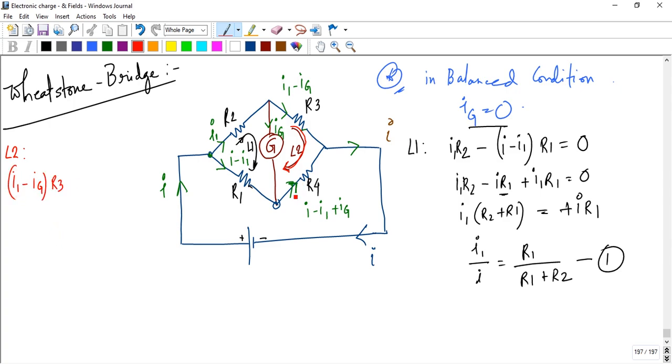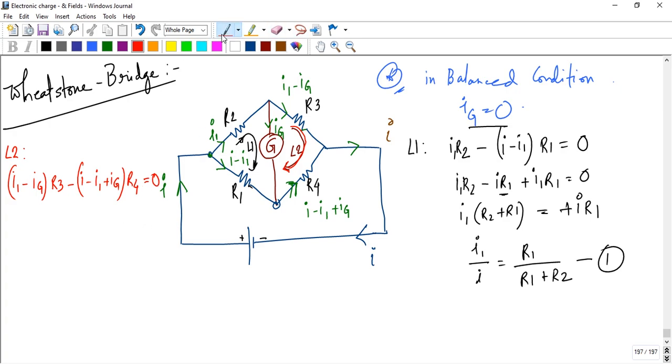In the opposite direction, minus (I minus I1 plus IG) times R4, the potential drop across R4, equal to 0.